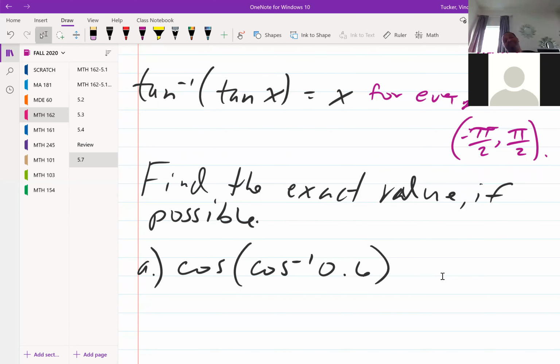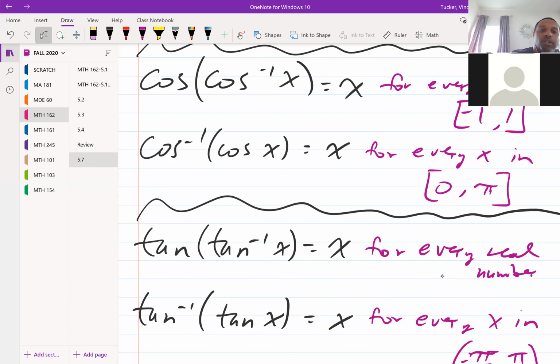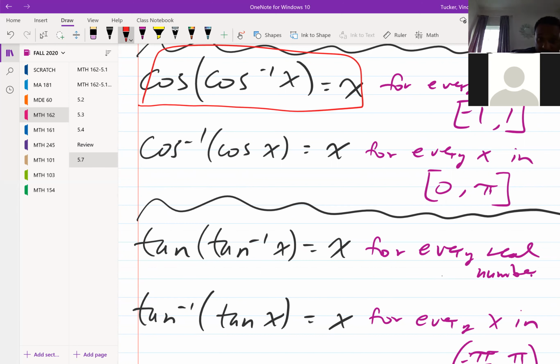All right, so here we have cosine of cosine inverse of 0.6. Go back and look at your relationships, especially if you're not familiar with them yet. We're talking about this one right here, cosine of cosine inverse of x. The first thing we need to do is analyze where x is. Is x in this interval?